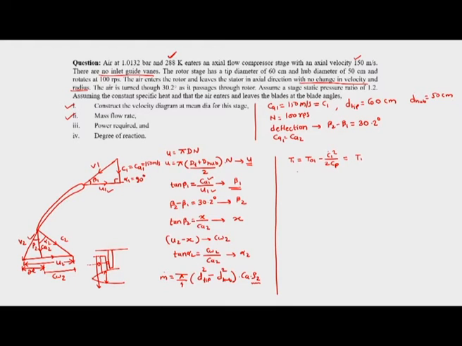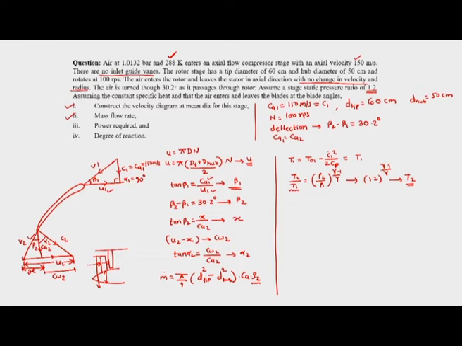Okay, but we know that T2 upon T1 is equal to P2 upon P1 bracket raised to gamma minus 1 upon gamma, and the pressure ratio is given to us as 1.2. So this is 1.2 bracket raised to gamma minus 1 upon gamma. Within that T1 is known to us, so from this formula we know what is T2.